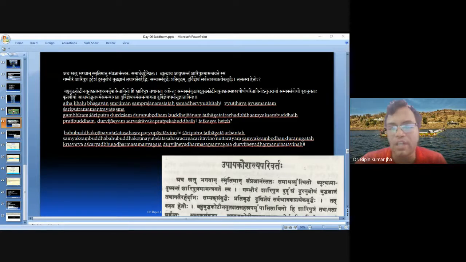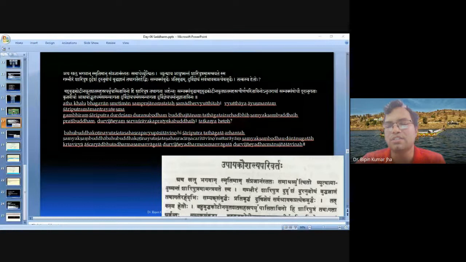Samprajanam tataha and samadheh vyuthitaha. One by one, each and every sentence you need to split into terms first. Then only you can go further. Otherwise, you will not find the meaning. Otherwise we are just understanding the sentence in a nutshell and translating. That is a different thing; I am not going for that. I am just trying to show in which way you can find each and every term.